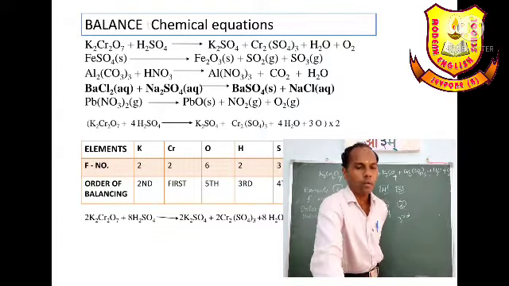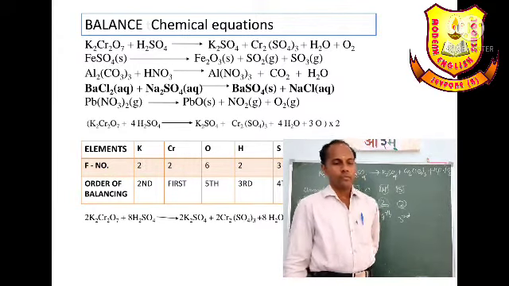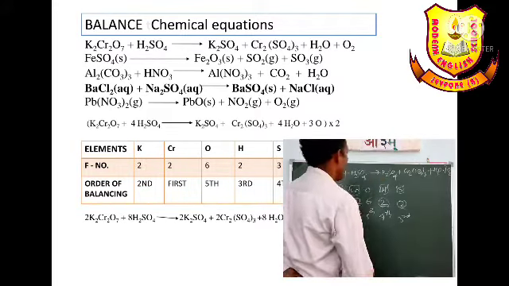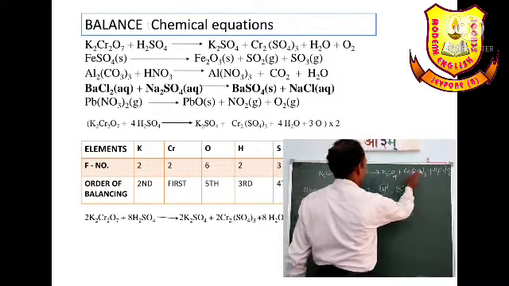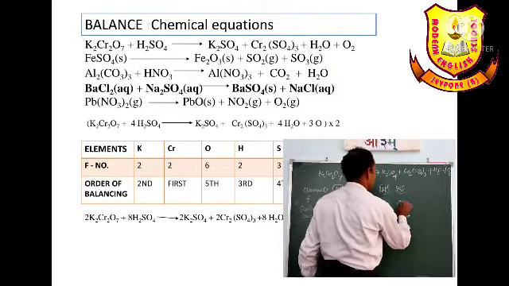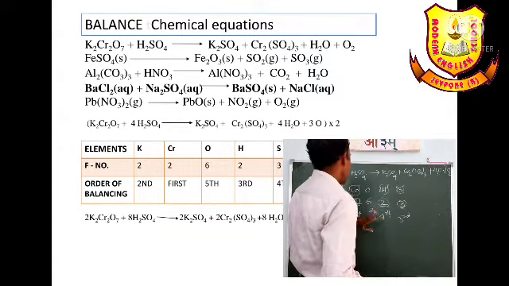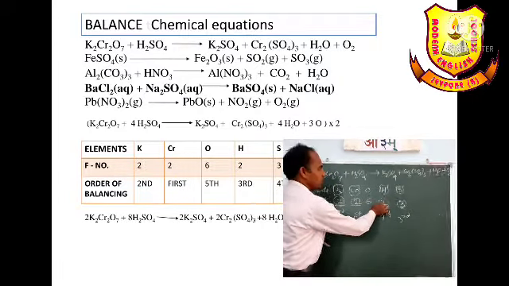Okay, Sonali, what's the problem with you? I think sulfur is 3 times there, sir. Sulfur, okay, very good. 1, 2, 3, very good, nice. Sulfur 3 times is there. So according to F number, hydrogen is coming 2.